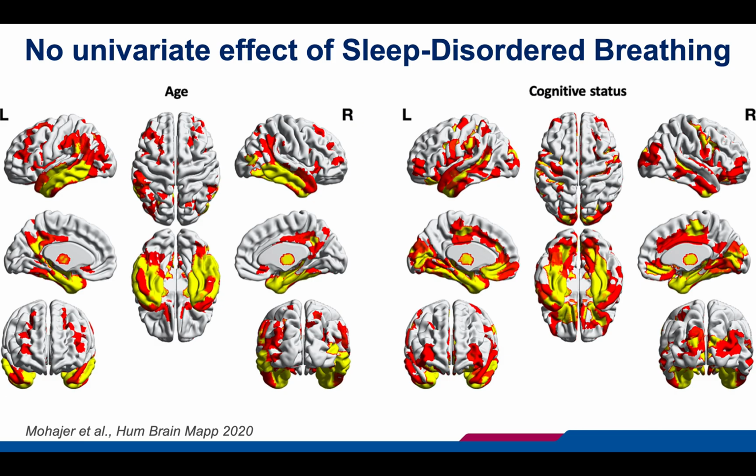Both show a prominent atrophy in the temporal lobes, and in particular for cognitive status we also see lots of areas of the so-called default mode, cingulate areas, but also parietal areas that are affected by the progression from normal healthy aging to mild cognitive impairment to Alzheimer's disease. Importantly, however, we do not find any univariate effects of sleep disordered breathing.